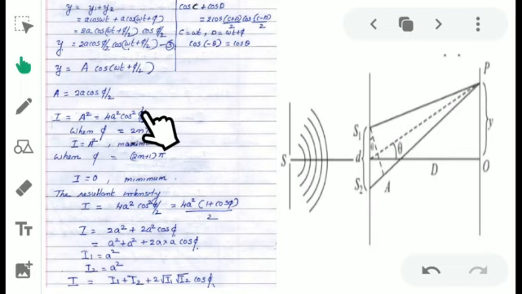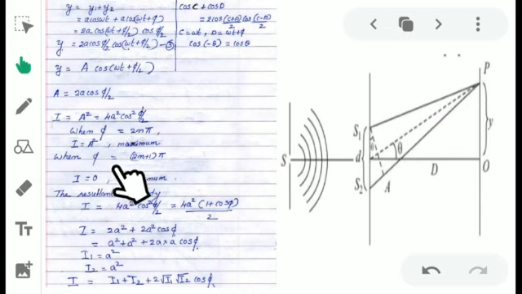Phi is equal to 2 pi, so phi by 2 is pi. Cos pi is minus 1, cos square pi is 1, then again 4A square. That means we can say that intensity is maximum only when phi is equal to 2n pi. The value of n is from 0 to infinity.